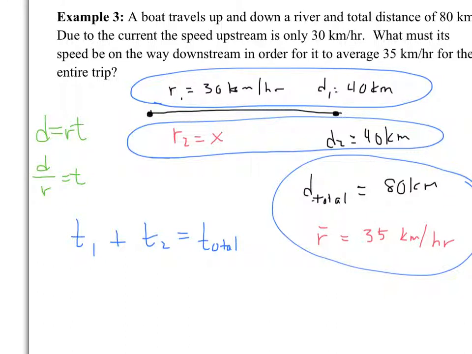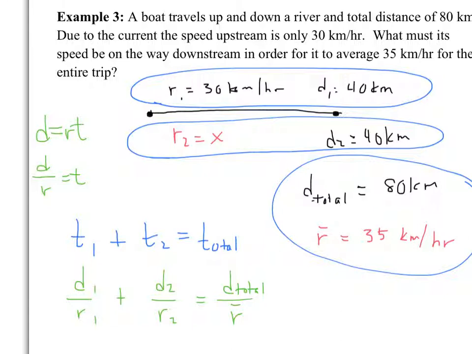If that's true, you can replace these with distance over rate. Distance over rate. Distance over rate. Okay, so I'm literally replacing all of the times with distance over rate. And as a result, where do the times go? They're gone. We don't need them anymore.